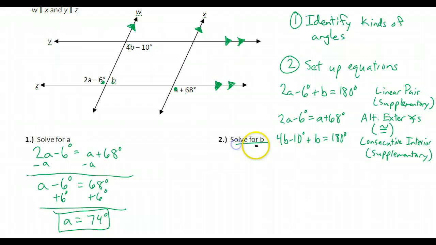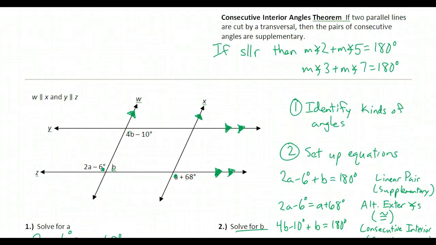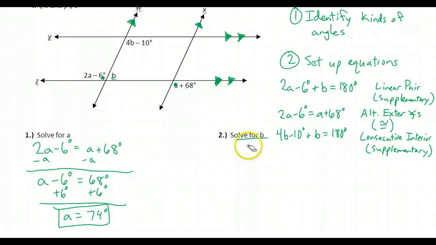I can solve for B. To solve for B, this equation involves B, but it also has an A, which means that I don't want to pick that first equation. And the second equation solved for A, so I'm going to hop to that third equation. These two angles were consecutive interior, so they were supplementary, so 4b minus 10 degrees plus b had to equal 180 degrees.